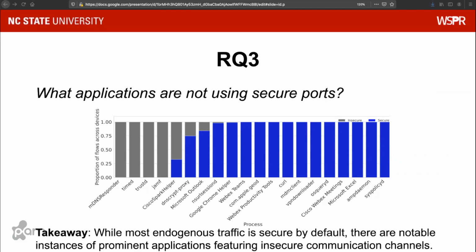And what we found is that while most endogenous traffic is secure by default, there are notable instances of prominent applications that use insecure communication channels, things like Microsoft Outlook, Jamf, which is a MDM application, and Trustee. Trustee got some attention this past fall when Twitter and blogs picked up and saw that, hey, this thing that looks security relevant is using HTTP. And we saw that as well.